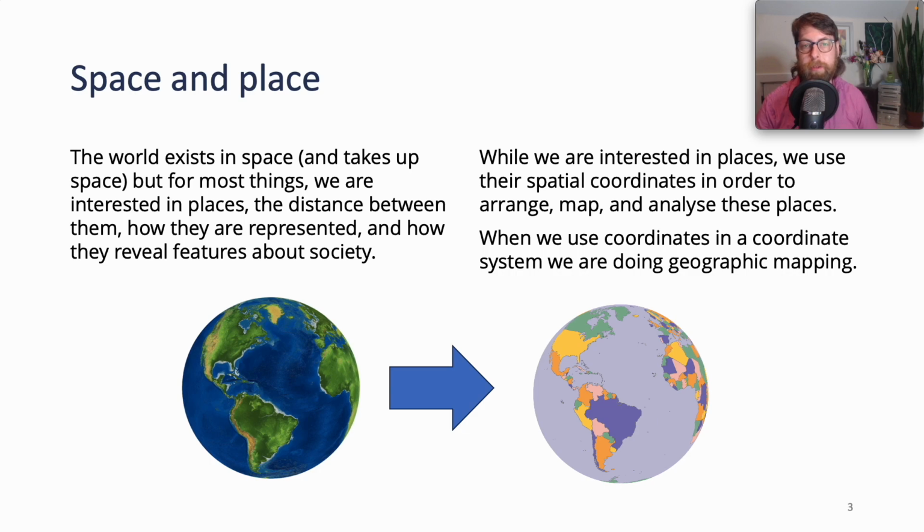I myself have done work in the past on which parts of the planet are well represented by data on Wikipedia. So in order to do stuff like that, we have to first get a sense of how do we use coordinates, and then how do we map those coordinates onto the Earth.